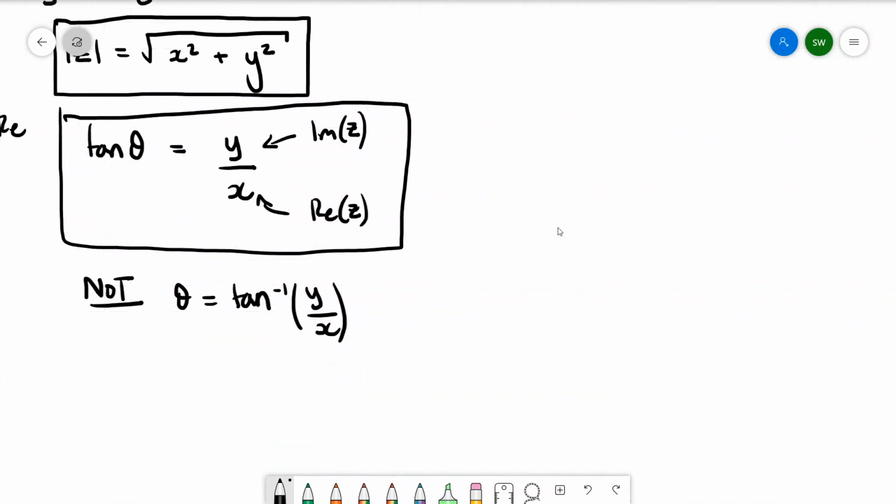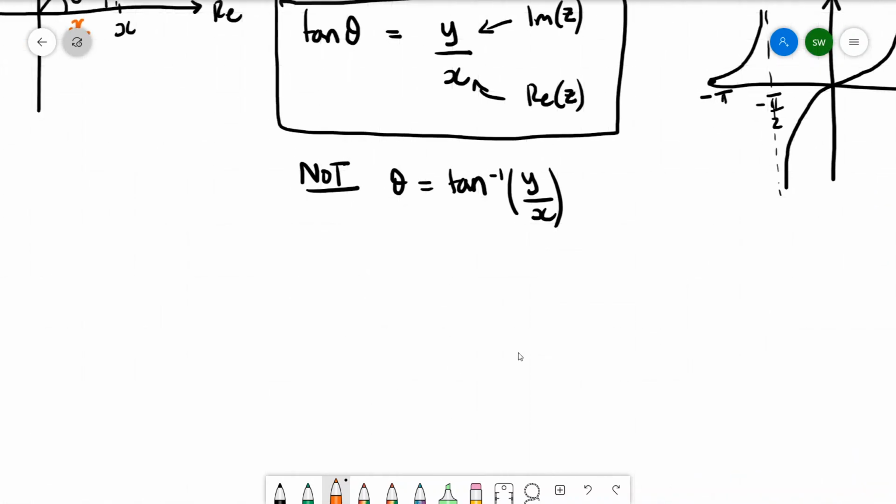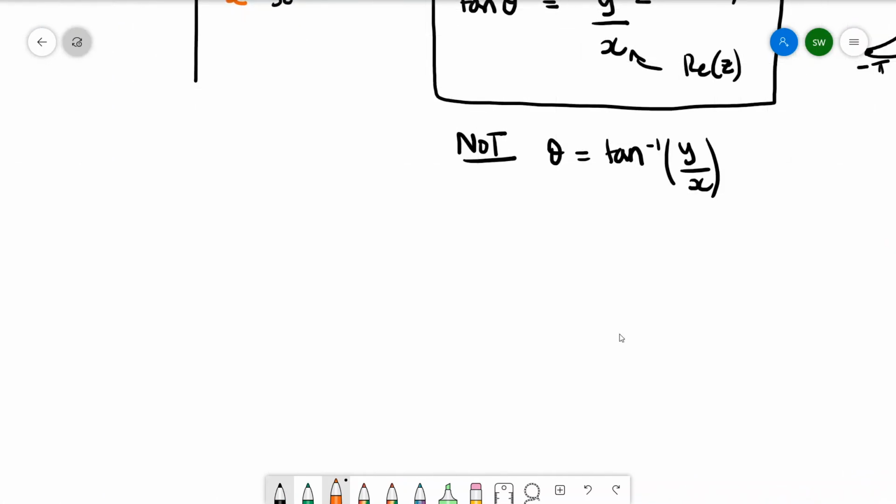If you think about the tan graph, if we know that tan theta equals some value, then there's always going to be two solutions in the range minus pi up to pi, which is the principal argument. So you've got to be really careful if you use this formula.